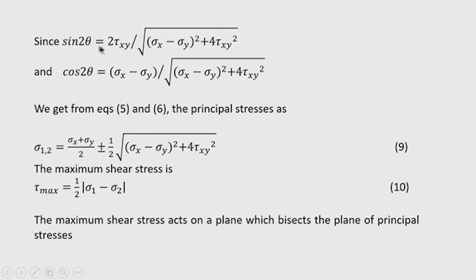So, sin 2 theta is found to be 2 tau x y divided by root over (sigma x minus sigma y) whole square plus 4 tau x y square. Similarly, cos 2 theta can be found as (sigma x minus sigma y) divided by root over (sigma x minus sigma y) whole square plus 4 tau x y square.